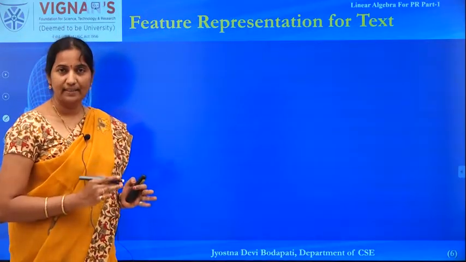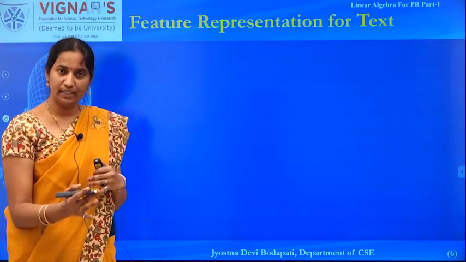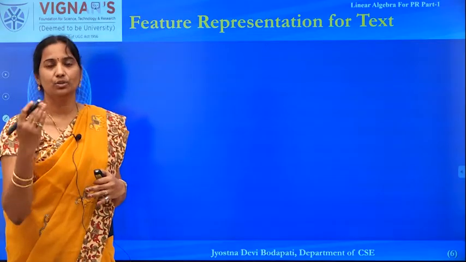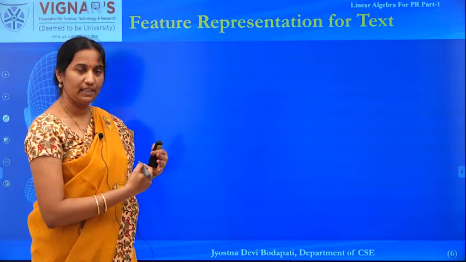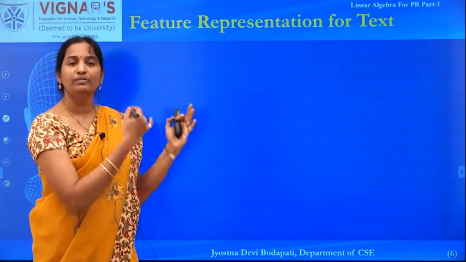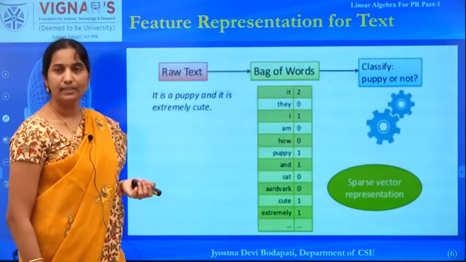Now, we understand that whatever the given data, it has to be converted to numerical form before it is passed to the machine learning algorithm. Now, let us look at various types of data and how they are represented. So, consider the text data.